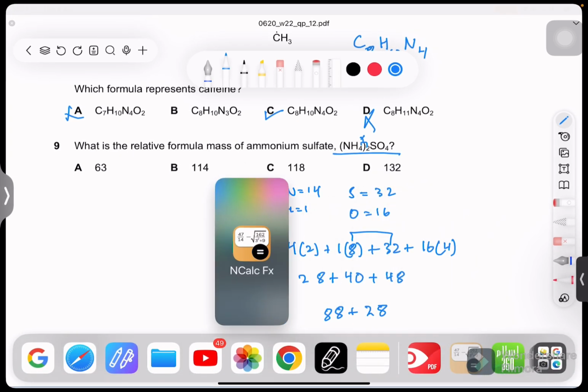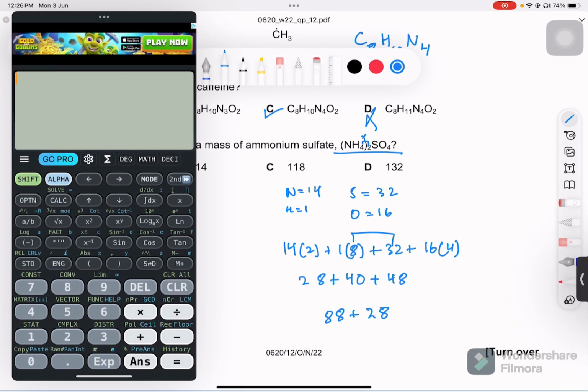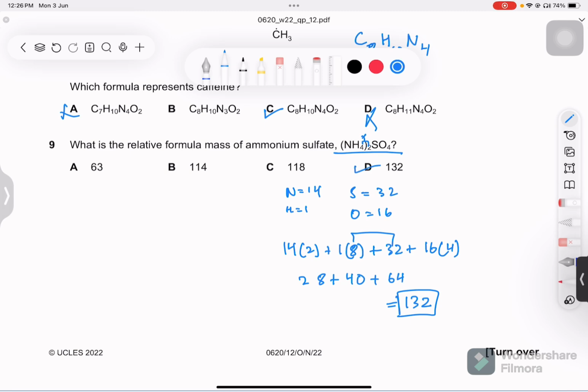Just a second. So 14 times 2 will be 28 plus 8 plus 32 plus 16 times 4. Oh, sorry, this is not 48, this will be 64. 16 times 4. So the correct answer is D. So it is better to use a calculator in the first attempt to save time.